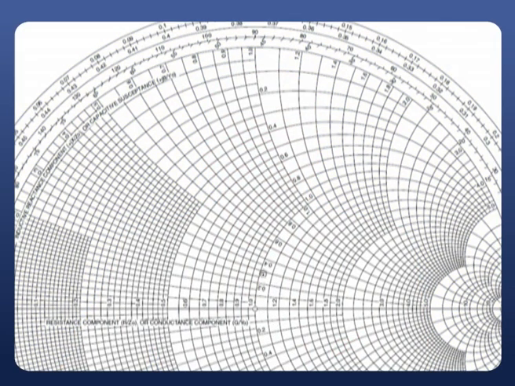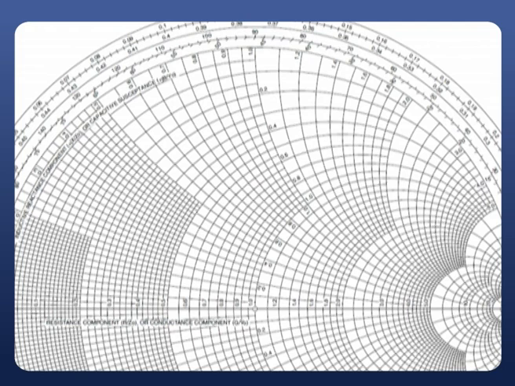On that circle, the magnitude of gamma is always constant. Even if you take the ratio of the circle's radius to the distance between this point and the outermost circle, it will equal the gamma we calculated earlier. So the circle with OZL as radius and O as center is called the constant gamma circle.